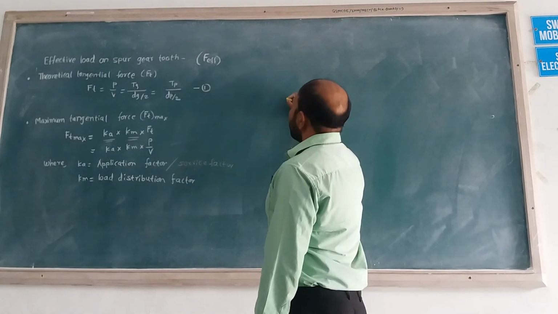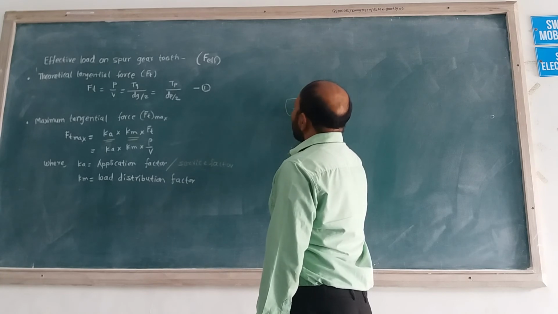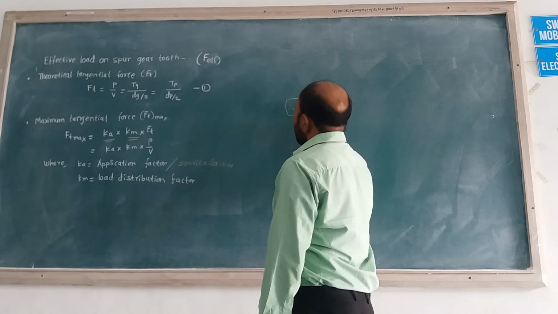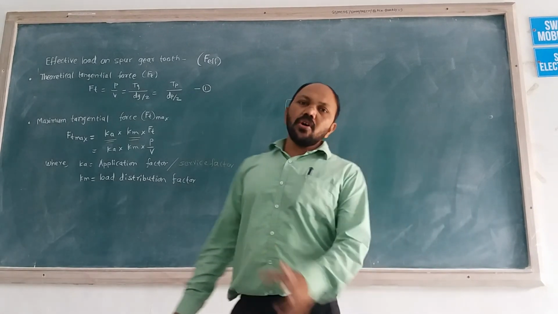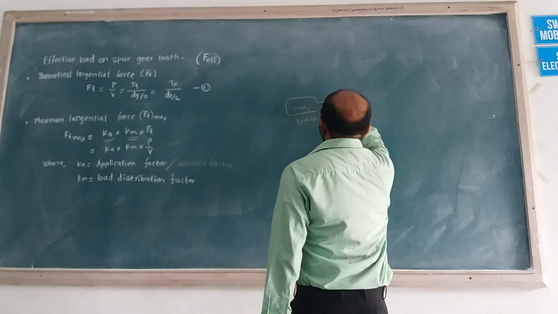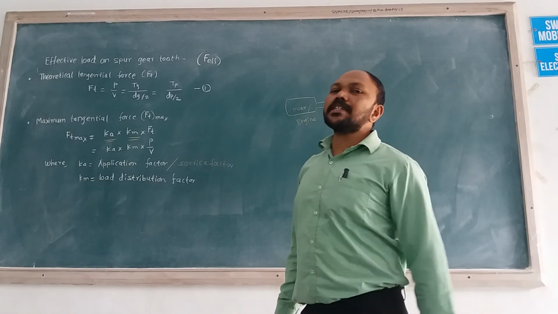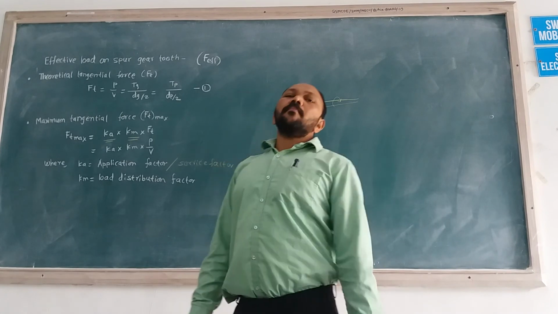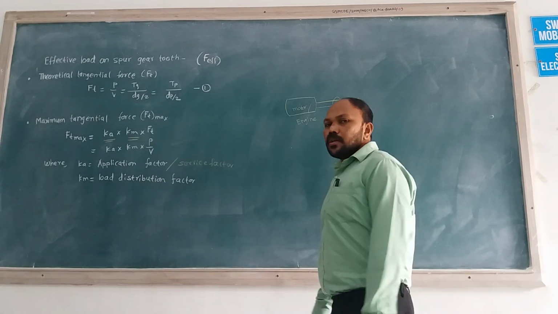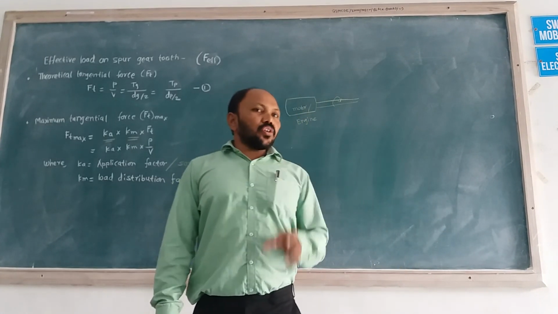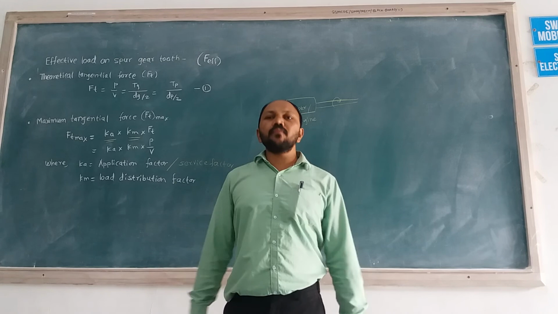Application factor: when we start the motor or engine, as in a two-wheeler or four-wheeler, a lot of vibrations are generated, called fluctuations. These fluctuations are generated due to the maximum torque acting at the starting of the motor or engine. In the running condition we do not feel this type of vibration.